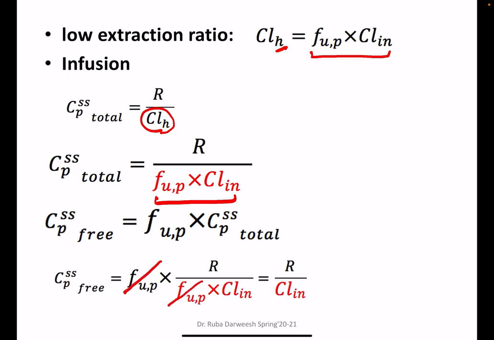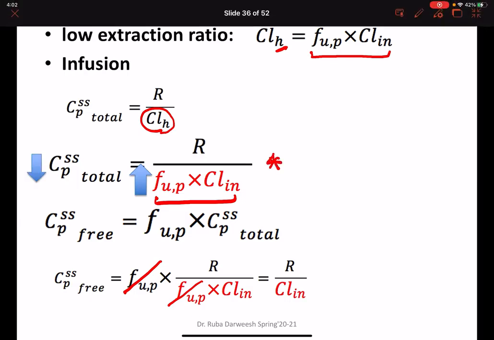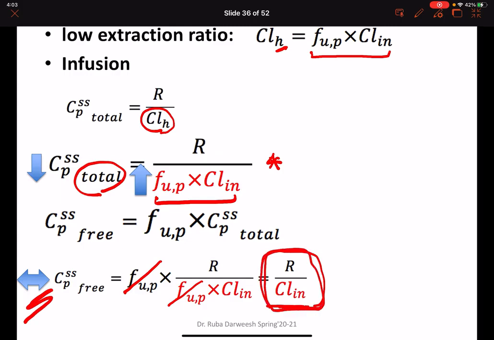So if, according to the question, the fraction of the unbound drug increases, the steady state total concentration is expected to decrease, but there would be no effect on the free concentration, because it's only R over intrinsic clearance with no effect of the fraction unbound.